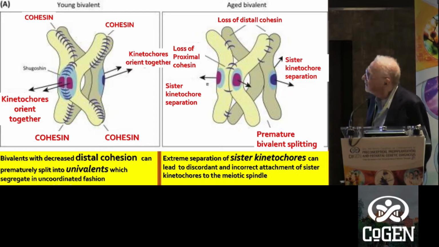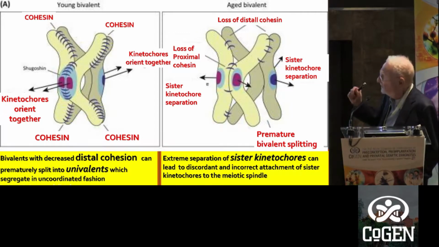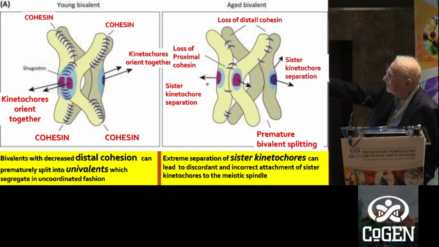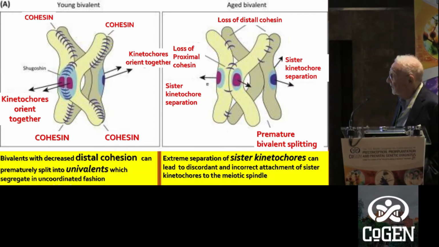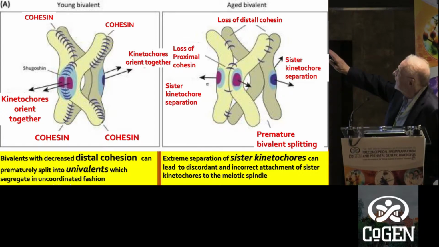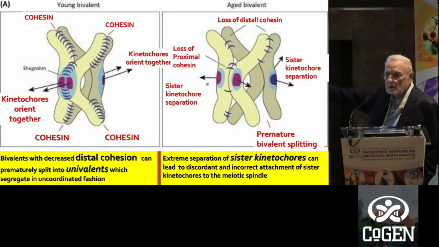And basically what we see on the left-hand side in a young bivalent is cohesion maintaining a connection between chromatids as well as between chromosomes. Kinetochores hold the chromatids together from a single chromosome. As these bivalents age, you'll notice two major occurrences.